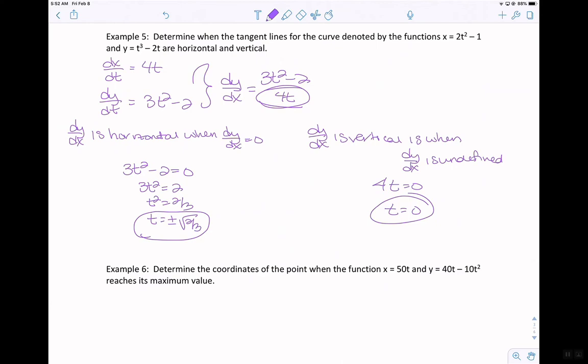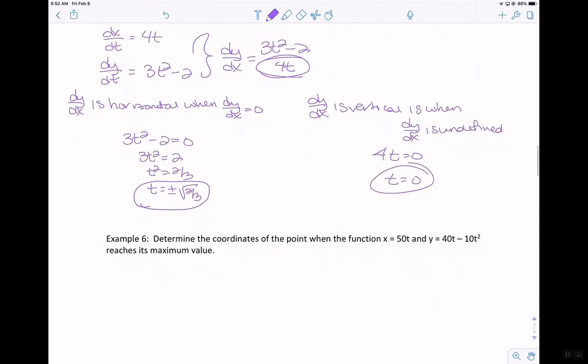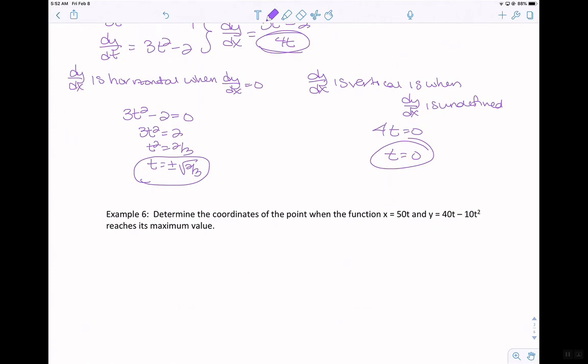So example 6, I want to figure out when I have a maximum value, or what time it is when I reach my maximum value. So I need to take the derivative. So dx/dt is equal to 50. dy/dt is equal to 40 minus 20t.